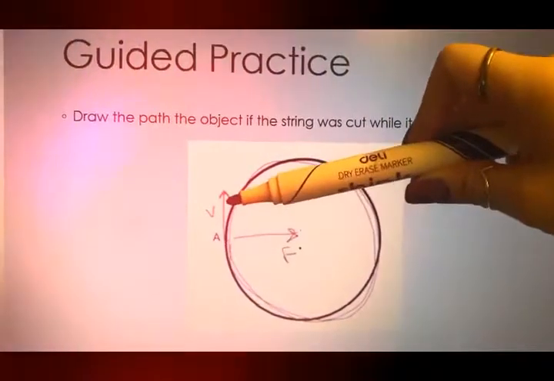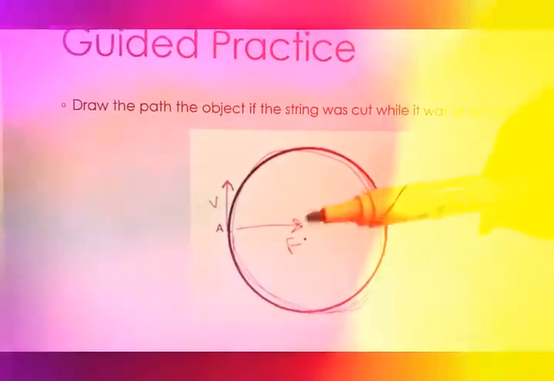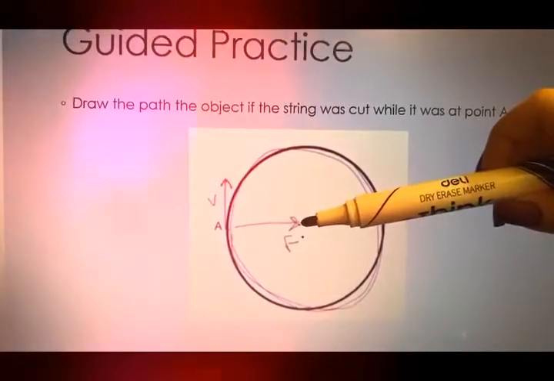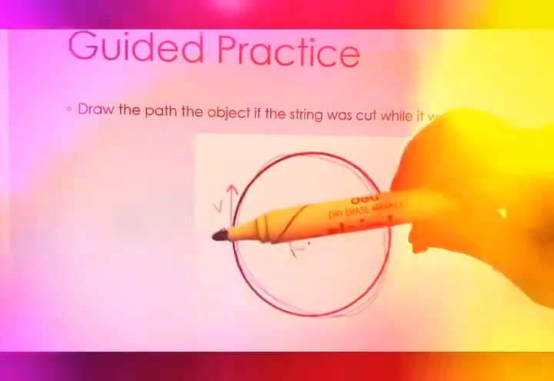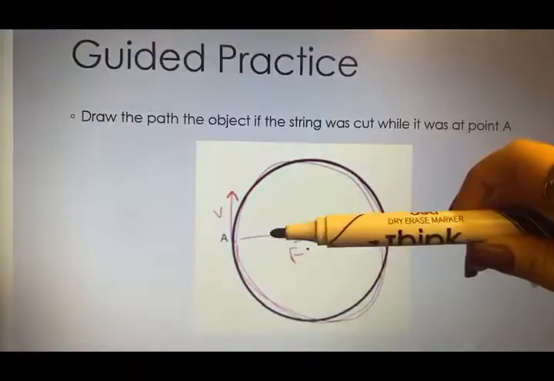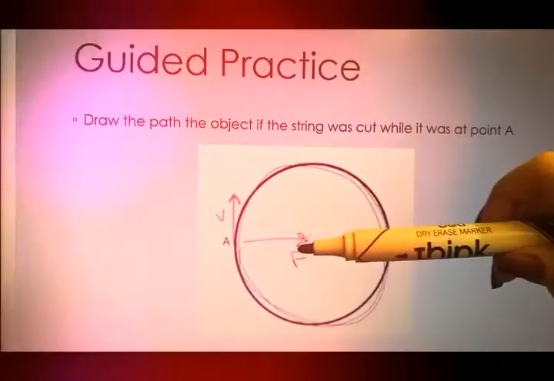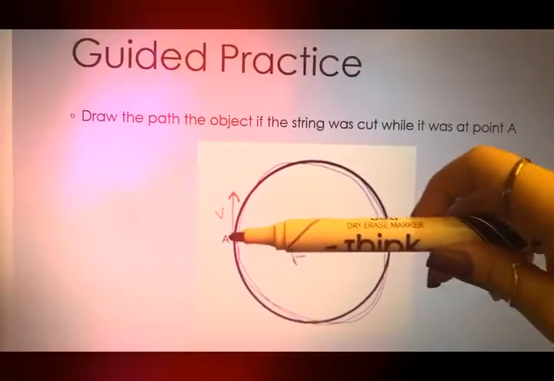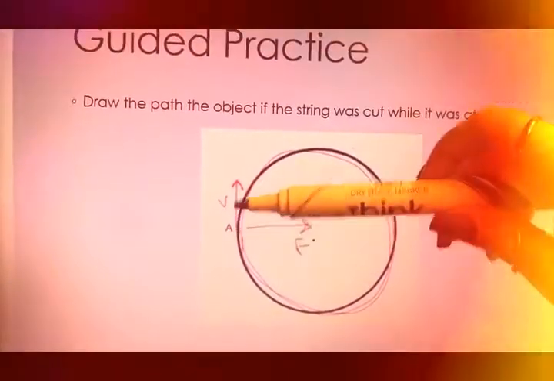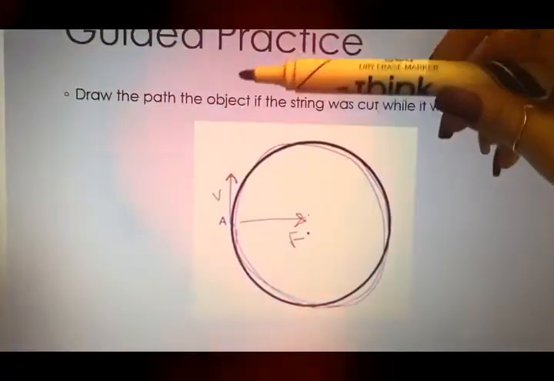So it will go in a straight line. All we can say is that at point A, what is keeping it in the circular path is tension, and if we cut this string, it will go in this direction, like that.